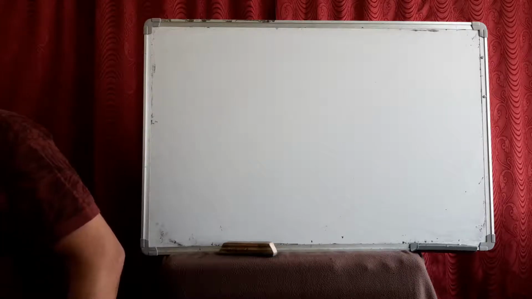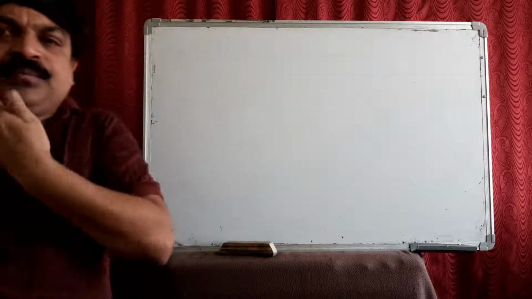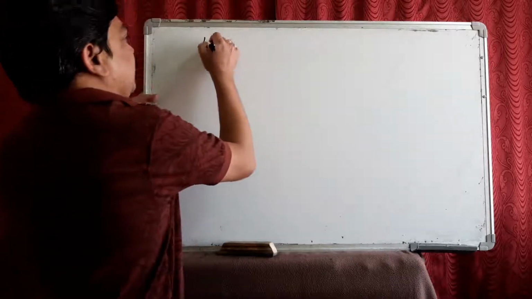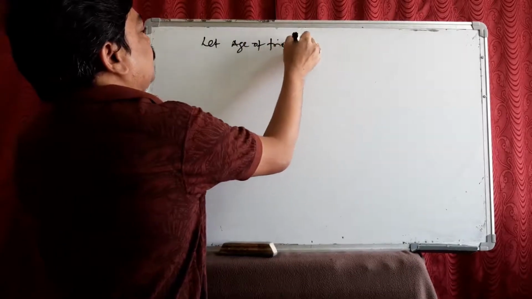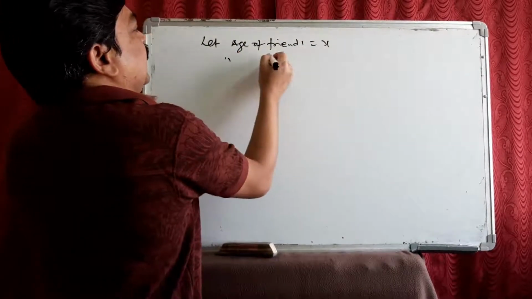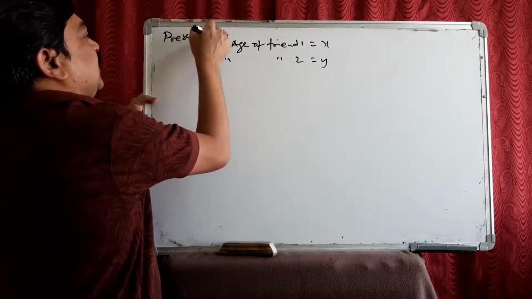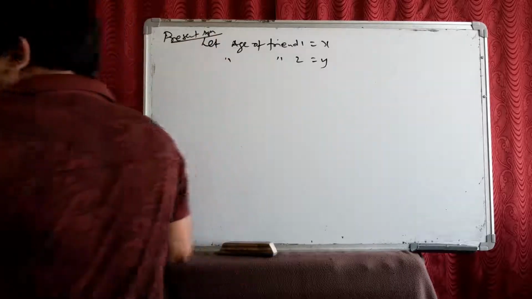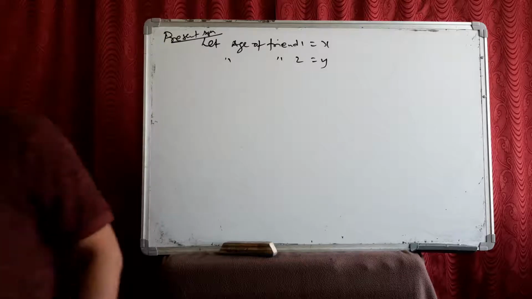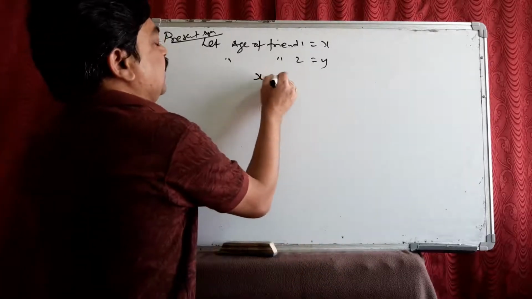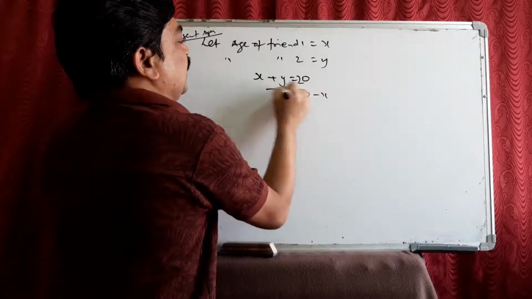4 years ago, the product of their ages was 48. So it is about present ages. So we start, let age of friend 1 be x, age of friend 2 be y. These are present ages. So what did they give? The sum of the ages is 20. x plus y is equal to 20, and you can take y as 20 minus x.